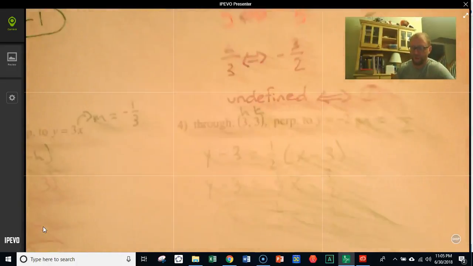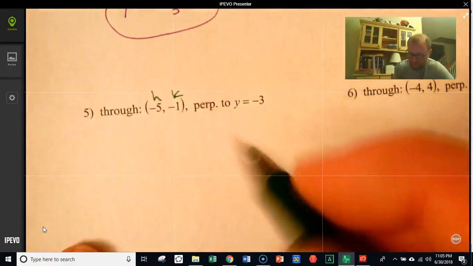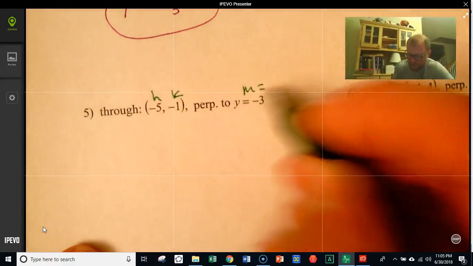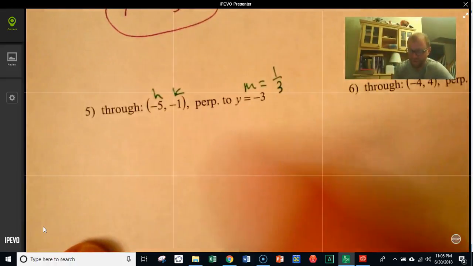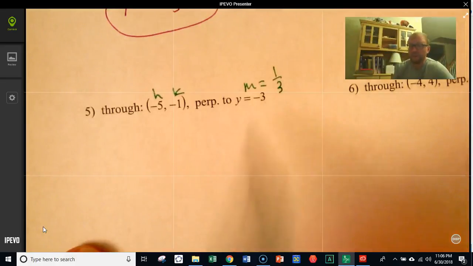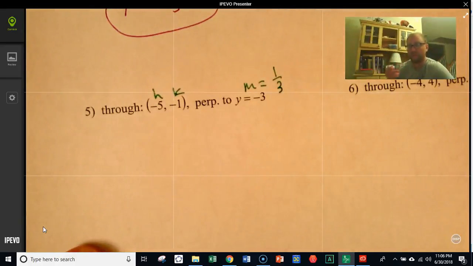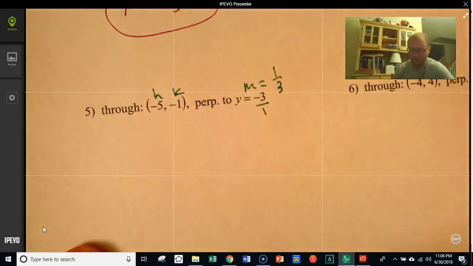Alright, here we've got h, we've got k, and m will be positive 1/3, the negative reciprocal of negative 3. So we change the negative 3, make it positive, and then flip it upside down. Think of 3 as 3 over 1. Flips it upside down as 1 over 3.